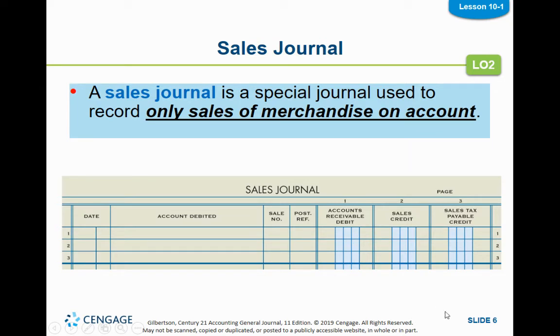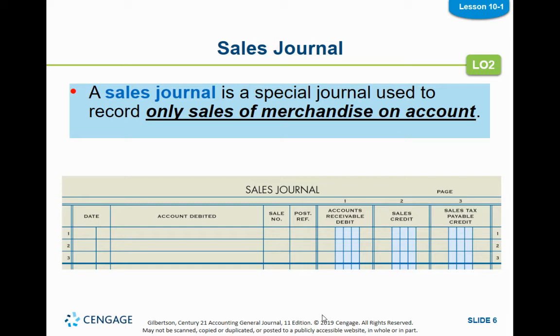So looking at our sales journal, we have some special columns here. So like our cash payments journal and our purchases journal, now we have a sales journal. The sales journal is only for sales of merchandise on account. So somebody buys stuff from you, they're going to pay you later. That's what goes in the sales journal.